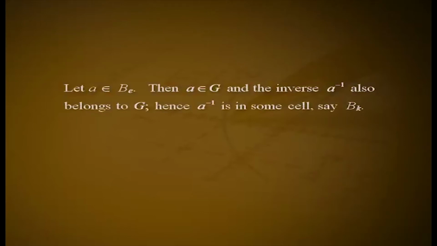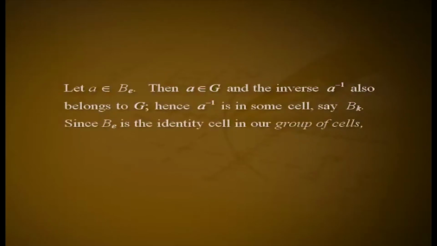Therefore, in particular BE into BE is equal to BE, which shows, if we choose all possible representatives of BE, that BE is closed under the multiplication of the group G. By its definition, BE contains E. Now if A belongs to BE, then A belongs to G, and the inverse A inverse also belongs to G. Hence, A inverse is in some cell, say BK. Since BE is the identity cell in our group of cells, we know that BE into BK is equal to BK.